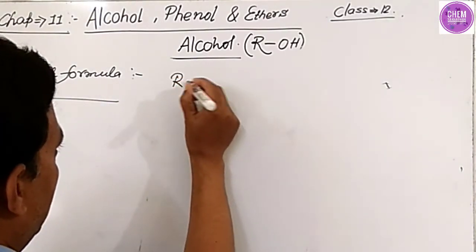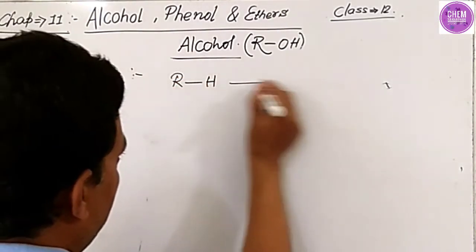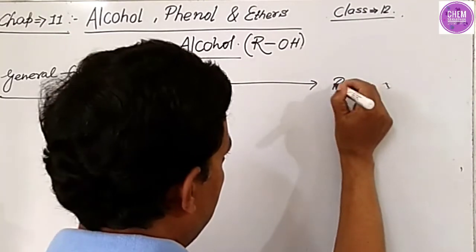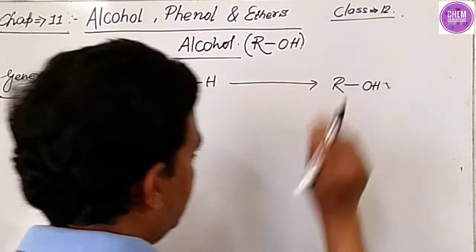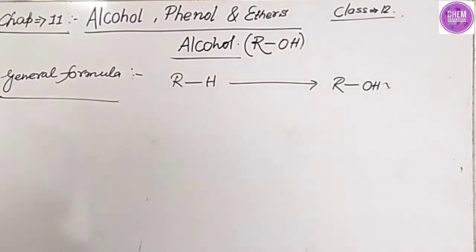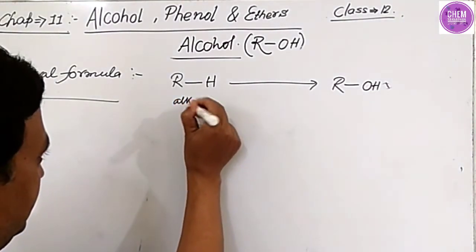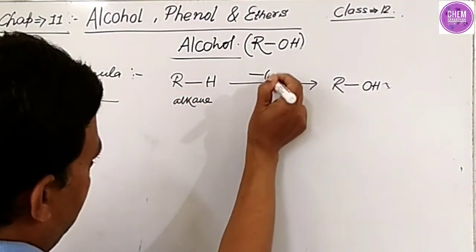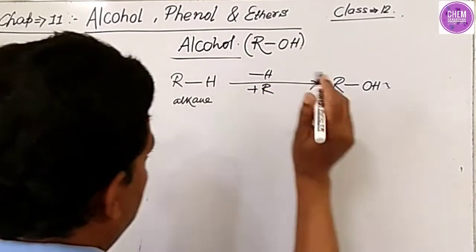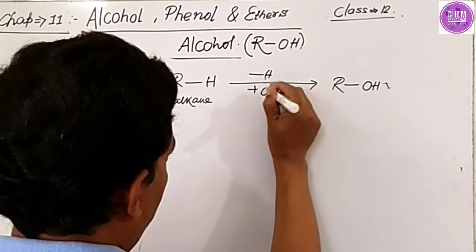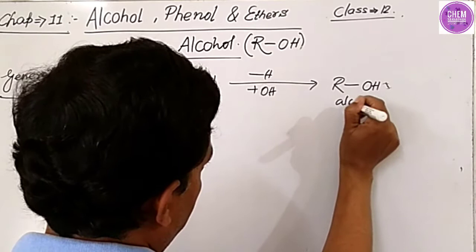Coming to the previous part, alcohol can be considered as the hydroxyl derivative of alkane. This is alkane. That means it is the hydroxyl derivative, so it is alcohol.